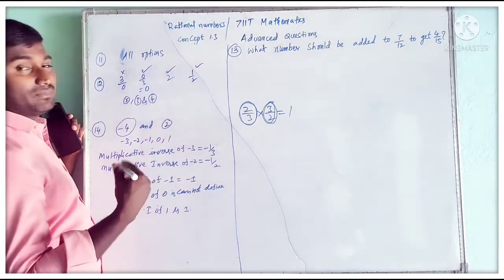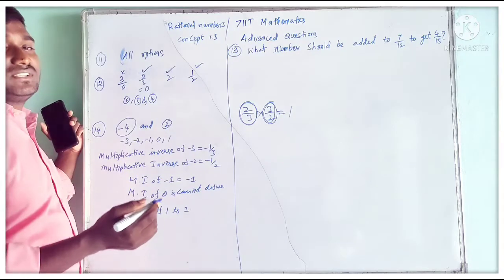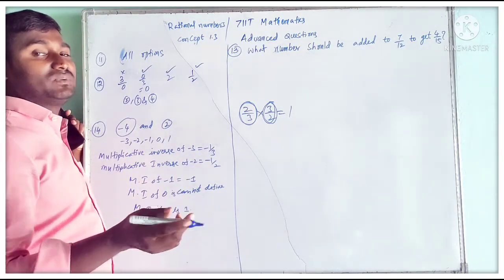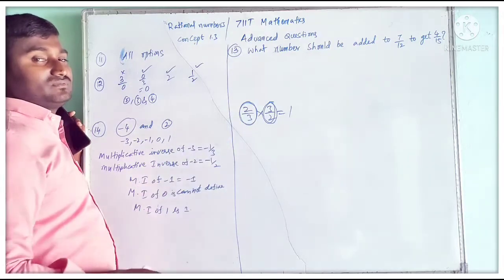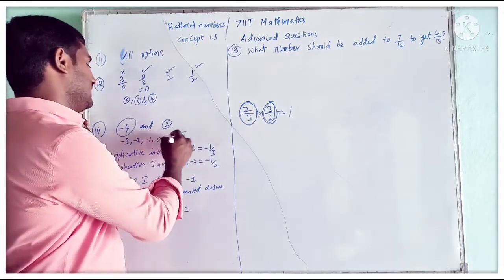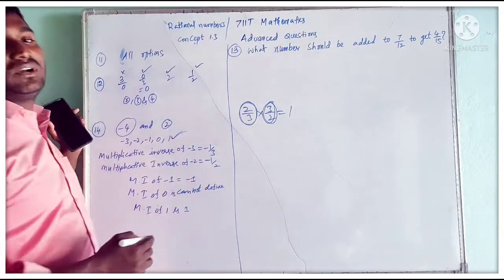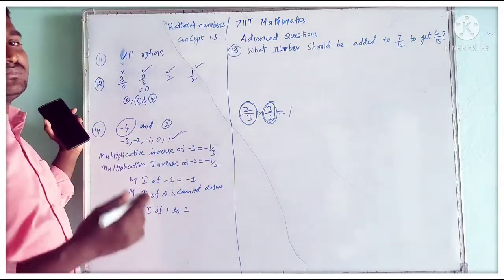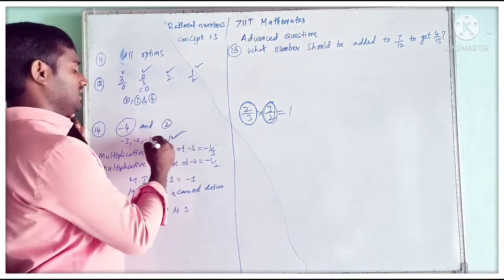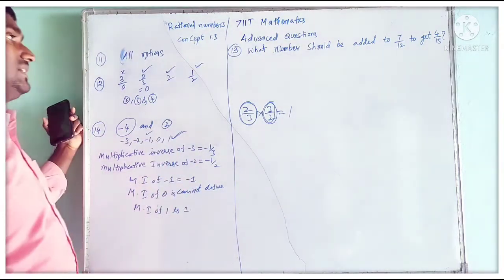Sometimes they may ask which integers have the multiplicative inverse as themselves. They are 1 and minus 1: the multiplicative inverse of 1 is 1, and of minus 1 is minus 1 only.